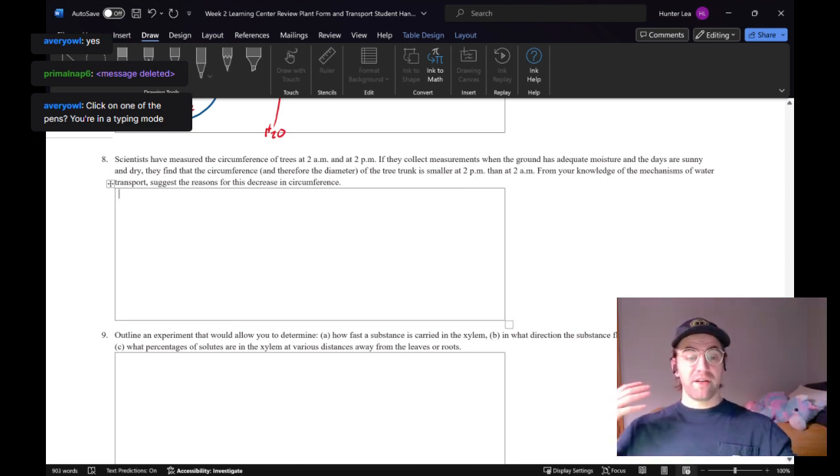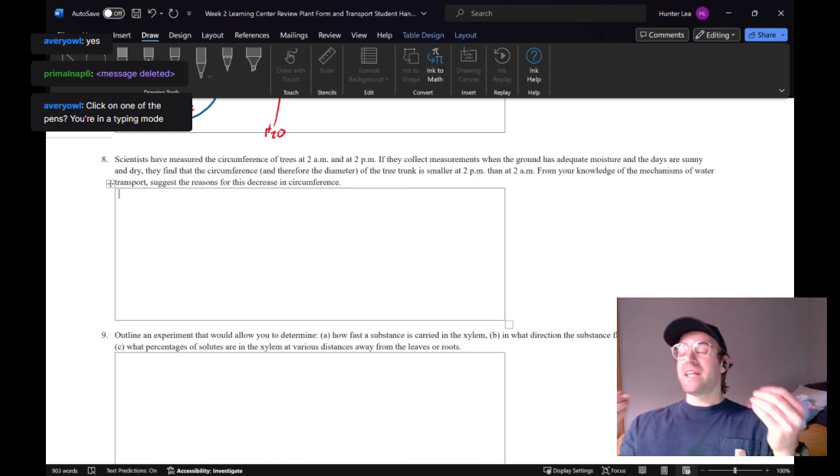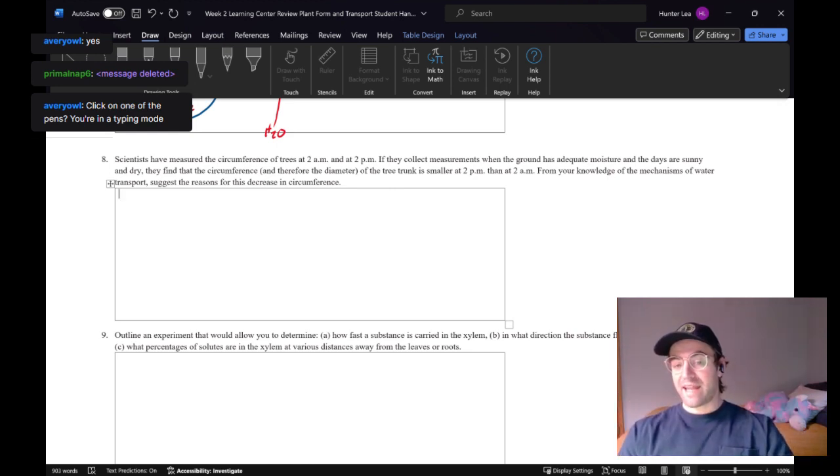So I kind of mentioned this earlier. On bright sunny days, the transpirational pull generated by evaporation from the leaves can be so great that it partially collapses or pulls in the walls of the xylem vessels. This is analogous to what happens when you drink a juice box, right? If you pull so hard on it, the suction on the straw that you collapse the box inward, you can suck on it so hard that the walls collapse.